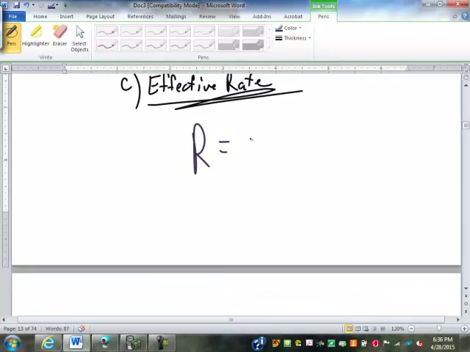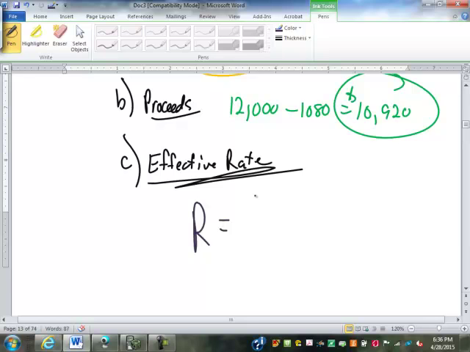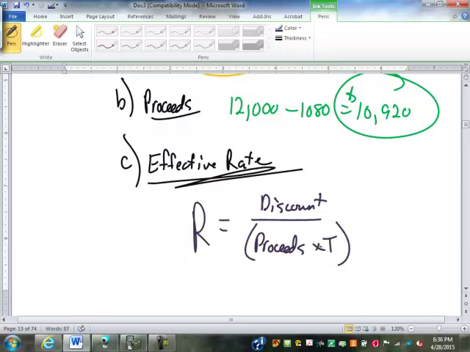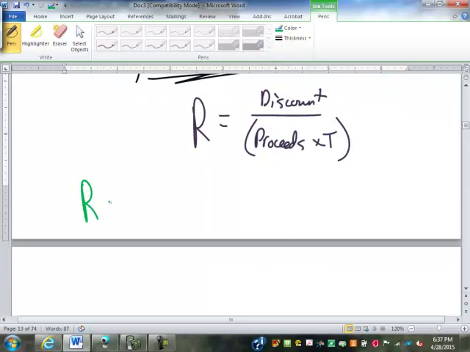So the effective rate, R, is the discount over the proceeds times the time. And make sure you put these in parentheses when you use this in the calculator. So on the calculator, R is equal to 1,080 divided by, parentheses, 10,920 times 1, close parentheses.